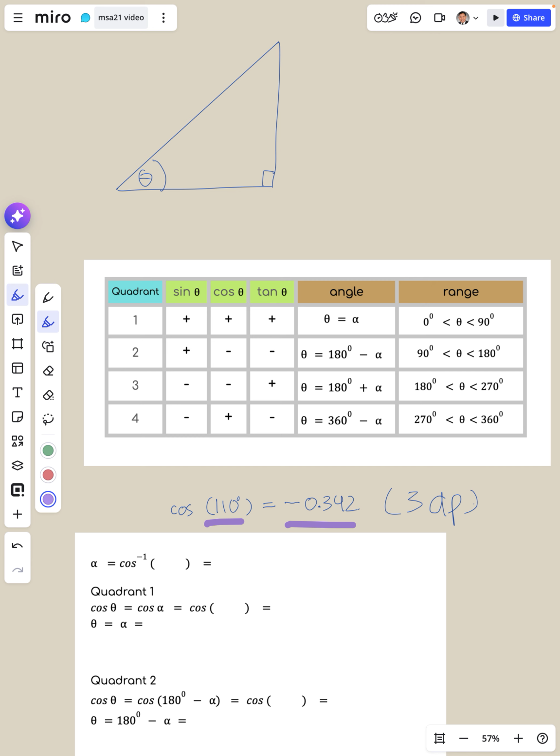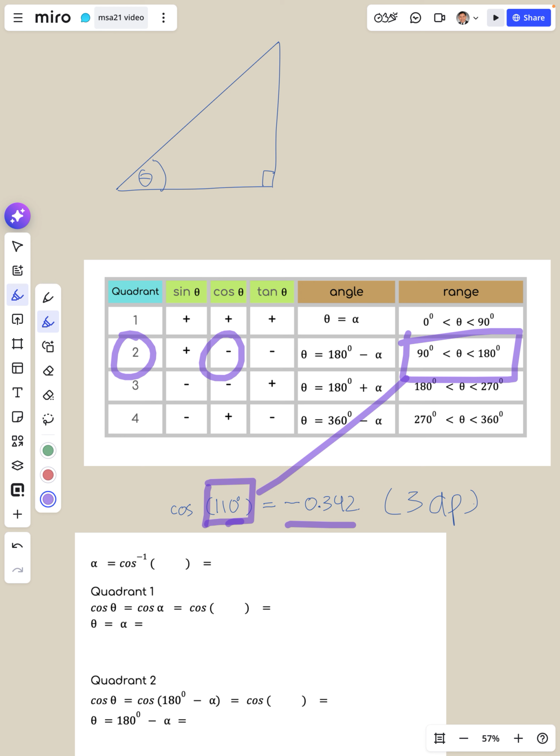Now, let's see here. The angle here is 110, and 110 is between 90 and 180, which means it's in quadrant 2. Sorry, the cosine will be a negative number, which is correct from here.